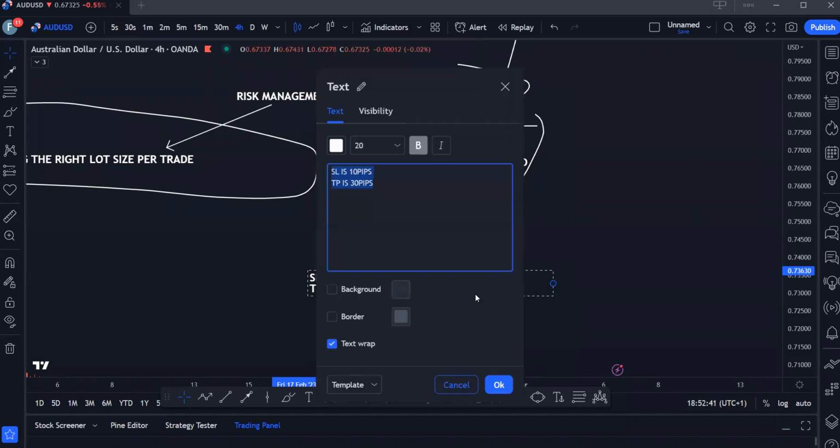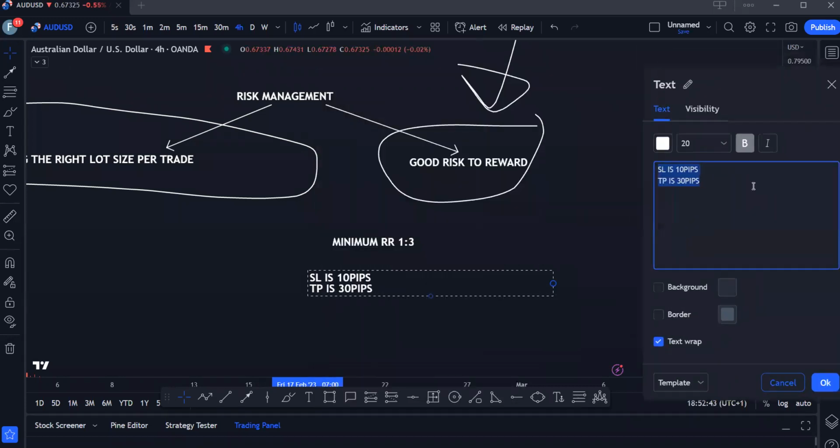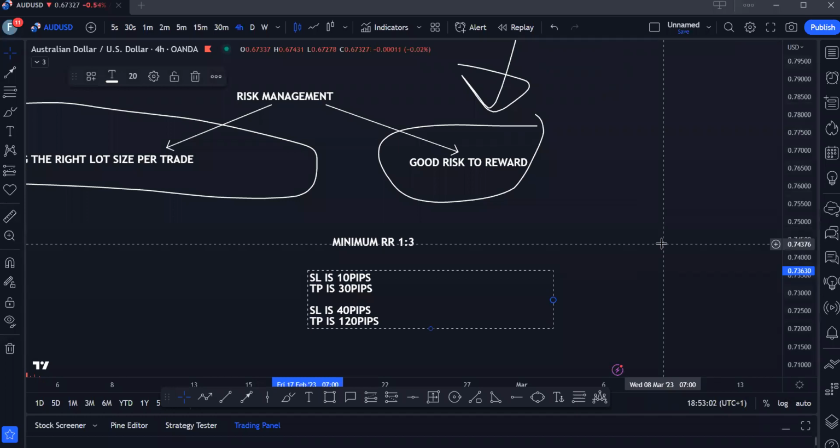Or if your stop loss is, let's say, 40 pips, let's say you're a swing trader, your system should be able to give you a take profit of at least 120 pips. All right. The more the merrier. Okay, but minimum 1 to 3.